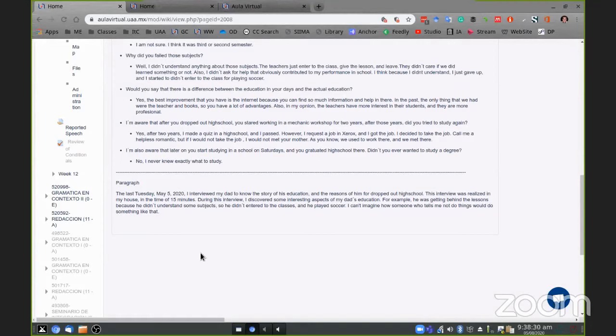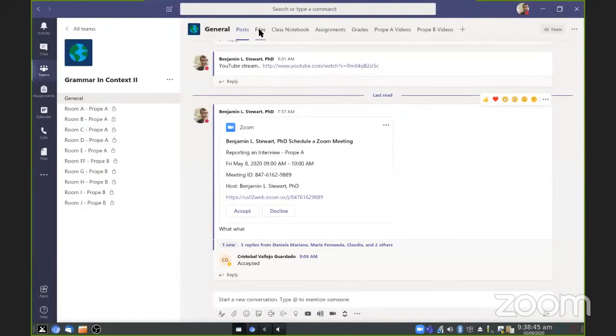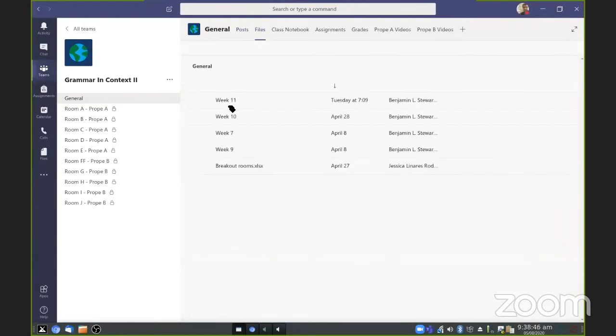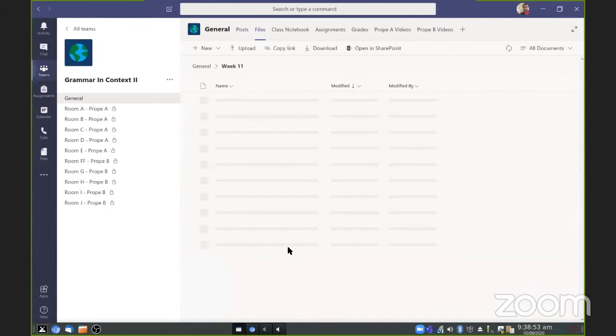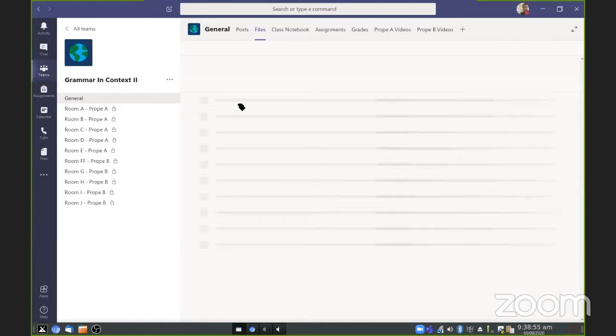Okay, Mariana, I'm taking a look here at your paragraph, and I would like to draw your attention first to your first sentence, your topic sentence. If you recall, and let me go back to the example that we looked at a few minutes ago, I'd like for you to compare my example with your example.